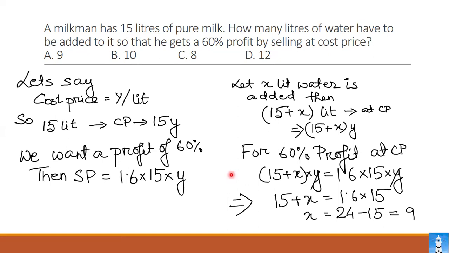With a little bit of practice, you can jump the steps and solve this problem. So this is what we have to do.